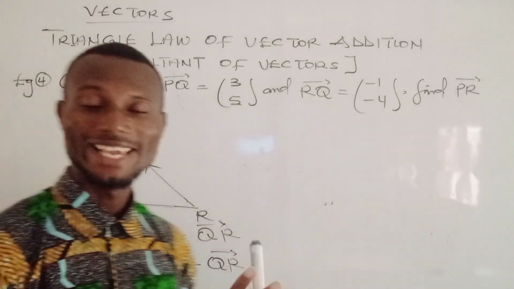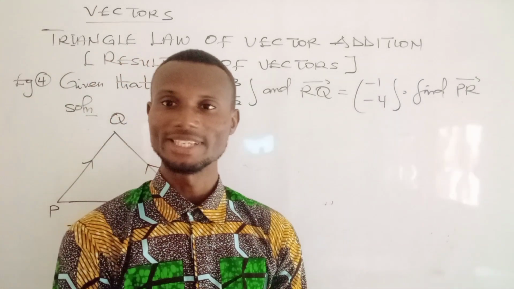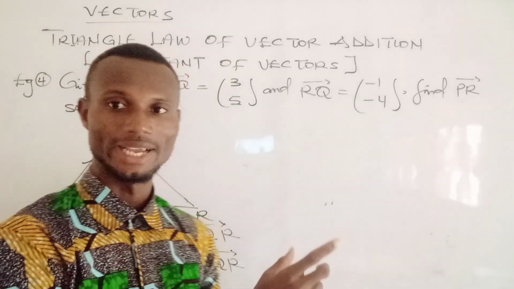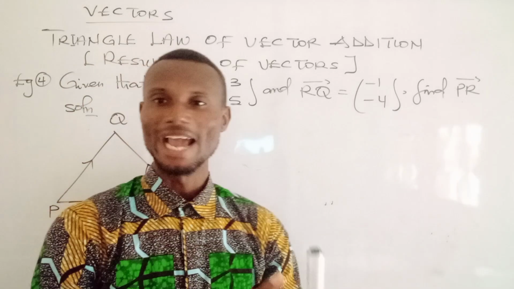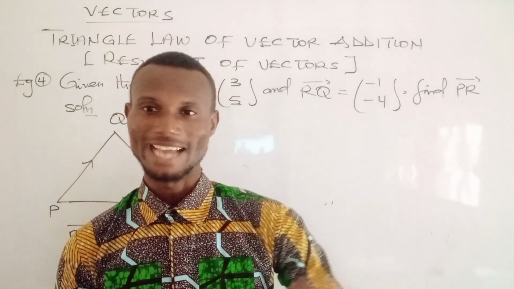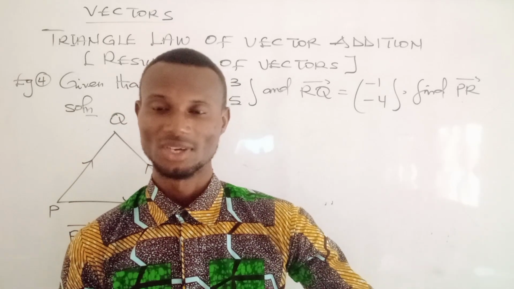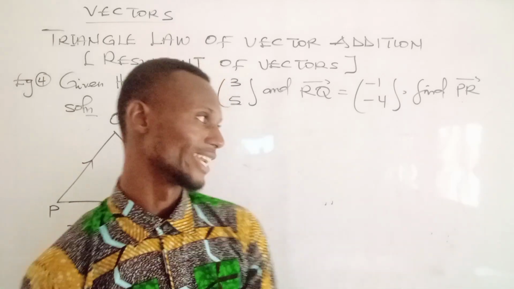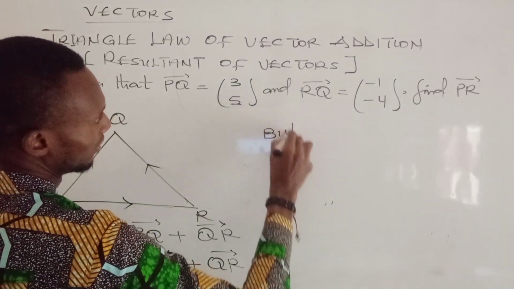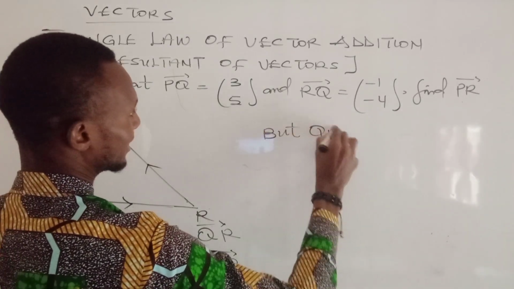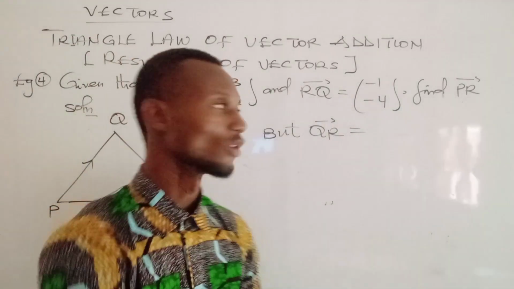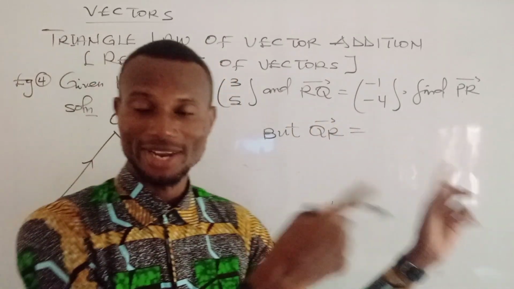Now, from here, we can proceed and find the QR that we need. How do we find QR? We are going to apply the inverse of a vector that I taught you in the previous videos. So I'll say that my vector QR will be equal to the negation of the vector RQ.